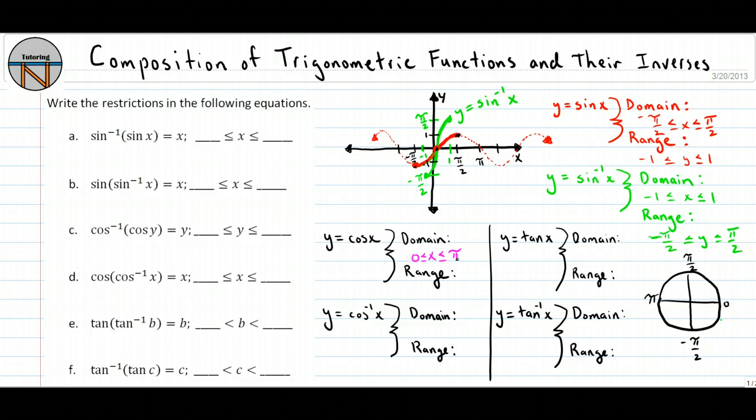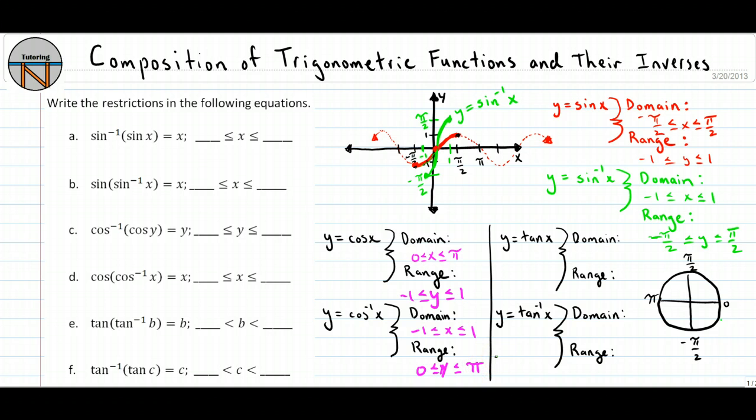Its range, just like the unrestricted, would be y values between negative 1 and 1. So if we want to find the domain and range for the inverse of cosine, remember, we're just going to flip-flop the domain and range. So the domain would be x values between negative 1 and 1, and the range would be y values between 0 and pi.